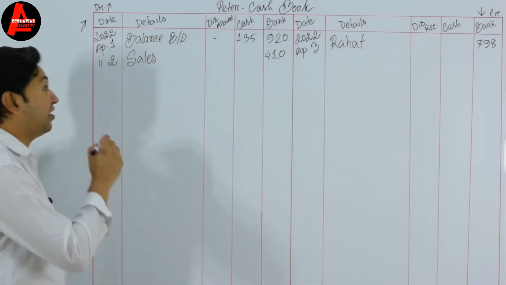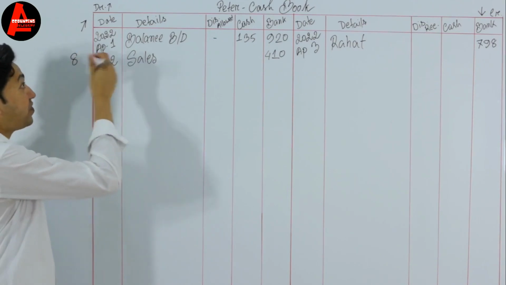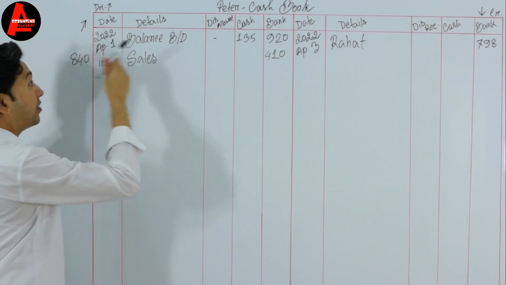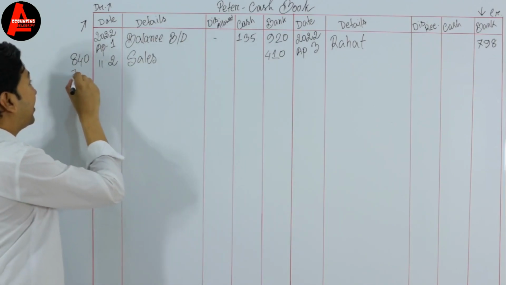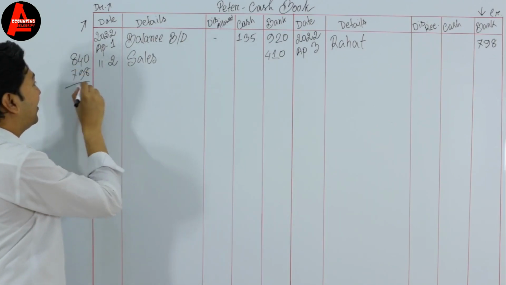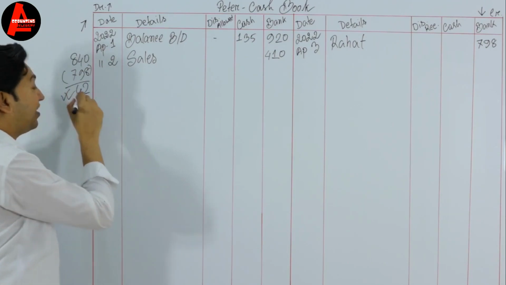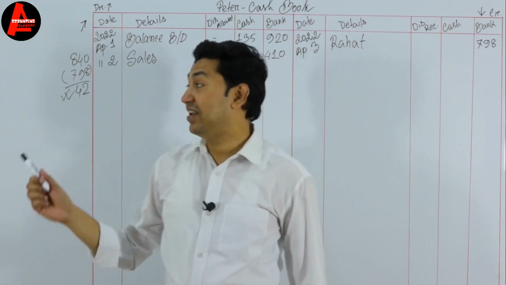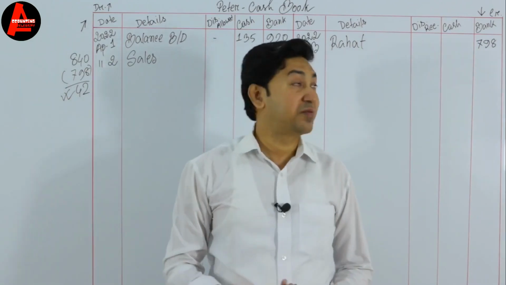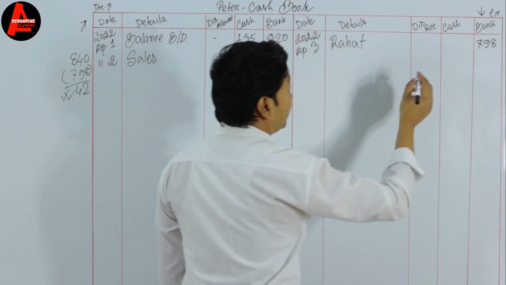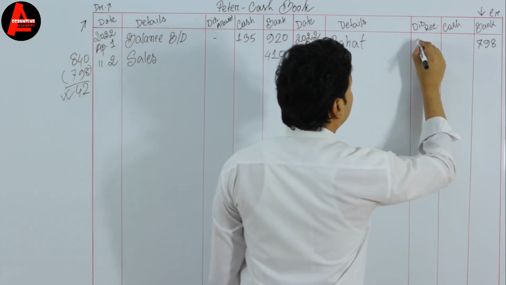Okay, how $40? So here Peter owes 840, but Peter paid 798. Okay, so if we subtract, we get here $42. Okay, this $42 is discount, received by Peter. So we will write here on the discount received column $42.